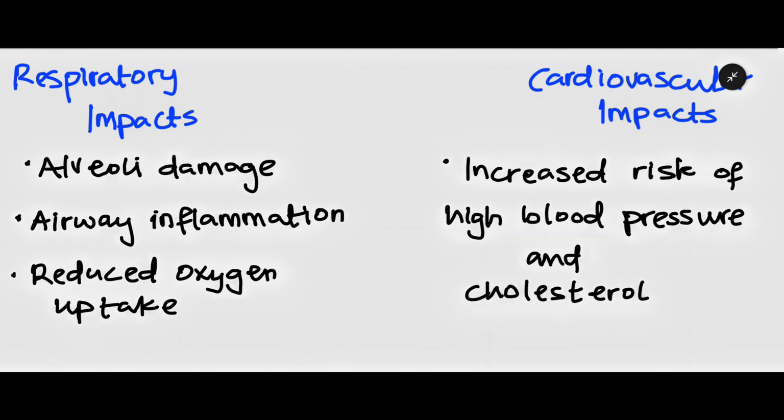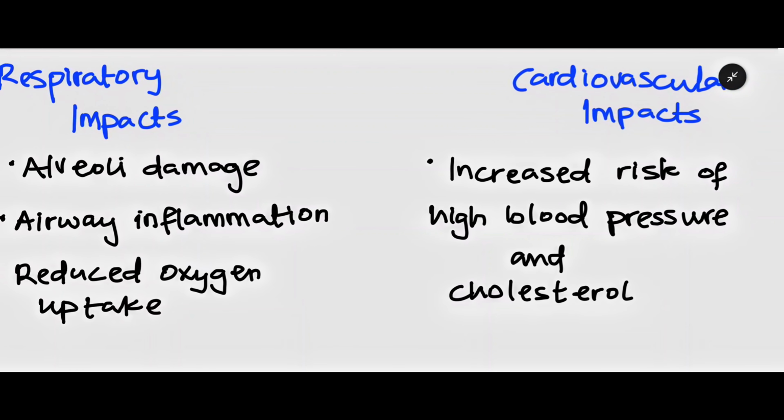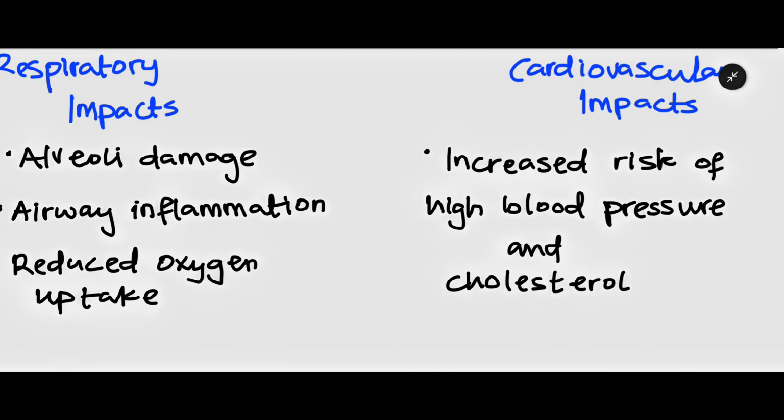Oxygen uptake becomes less effective, so performance drops. For cardiovascular impacts, there's an increase in the risk of factors like high blood pressure and cholesterol, and this puts a lot of strain on the heart and the blood vessels, which makes them less efficient, makes them work too hard, and this can lead to a lot of cardiovascular diseases.